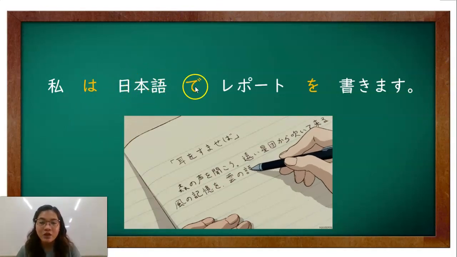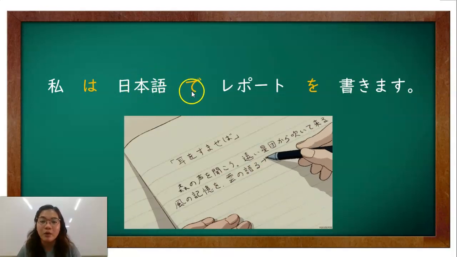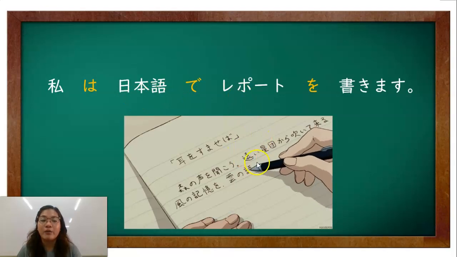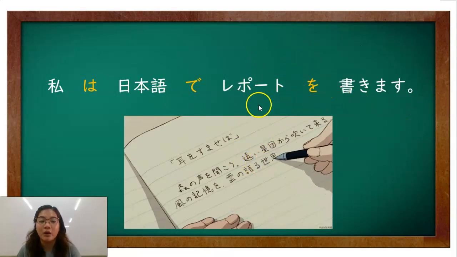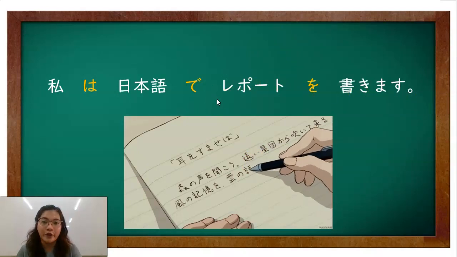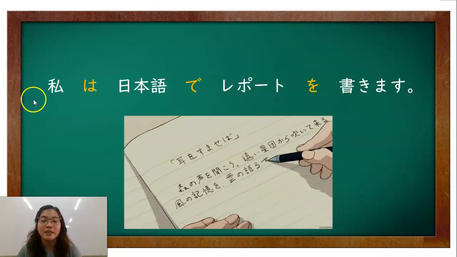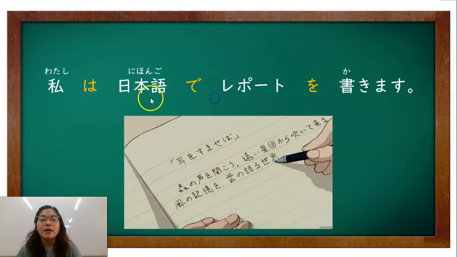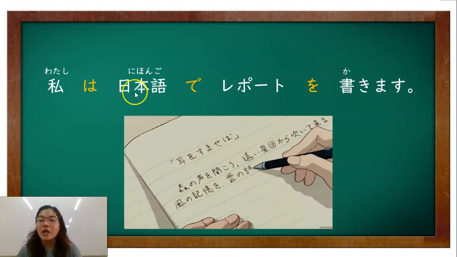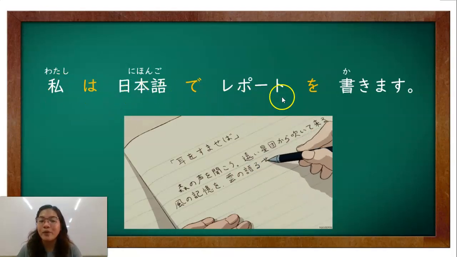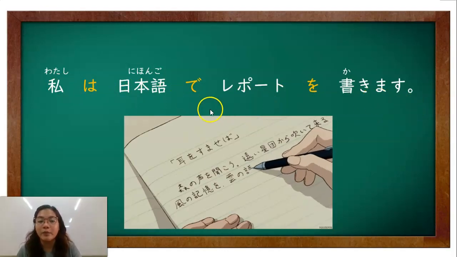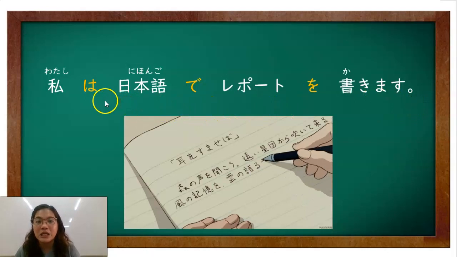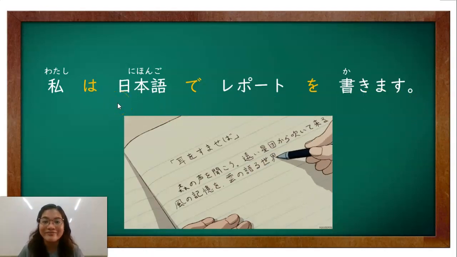Yung language na ginagamit mo or means sa ginagamit mo for the report. Kung anong sinusulat mo, siya yung particle o, which is the report. That's why this sentence is Watashi wa Nihongo de ripoto o kakimasu. Sinusulat ko ang report ko in Japanese language.